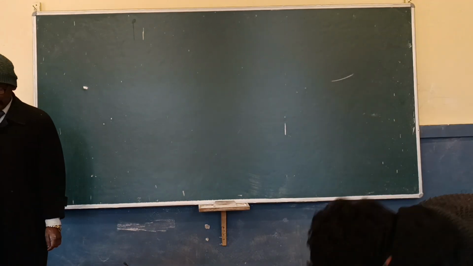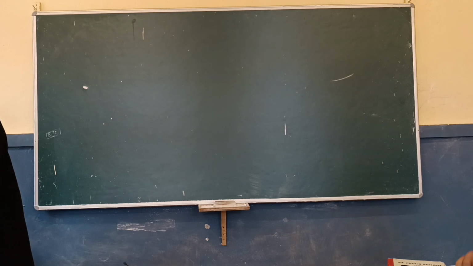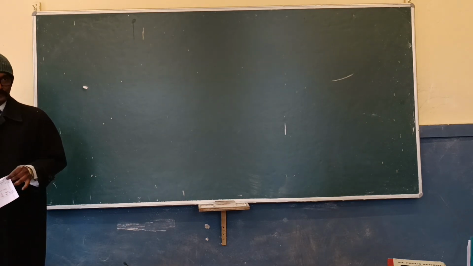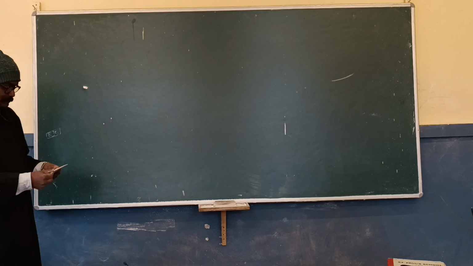Alright, now revenue and cost. I will do just one sum, the cost one. The revenue one is much easier, you can easily do it. Let us do this cost function.